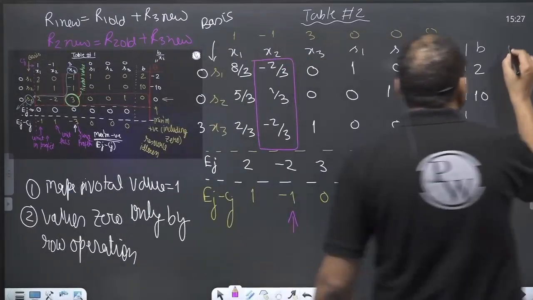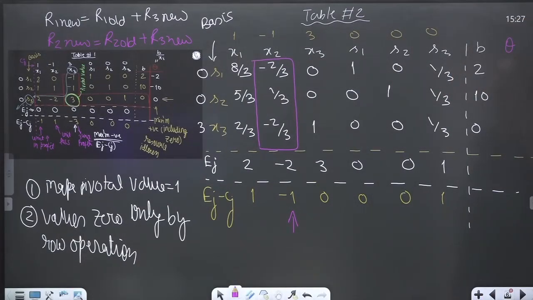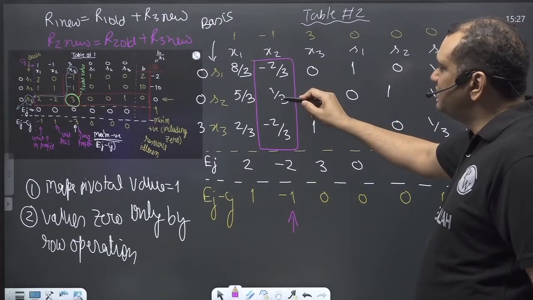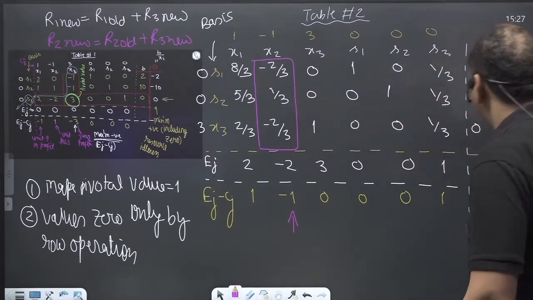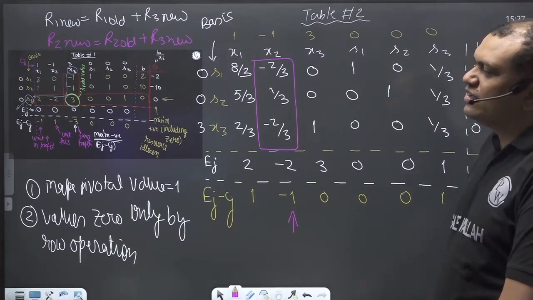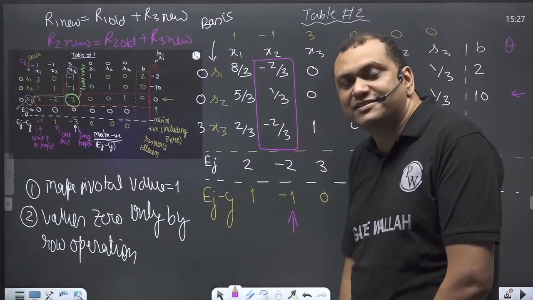Calculate theta. Out of these three, only this is the positive value, na? Of course, you can calculate theta also, but pivotal value cannot be negative for normal simplex.